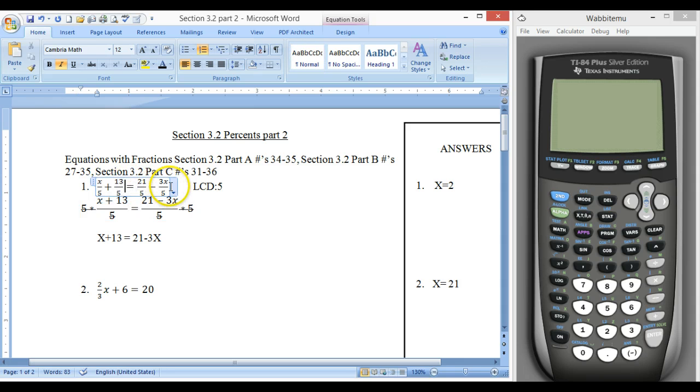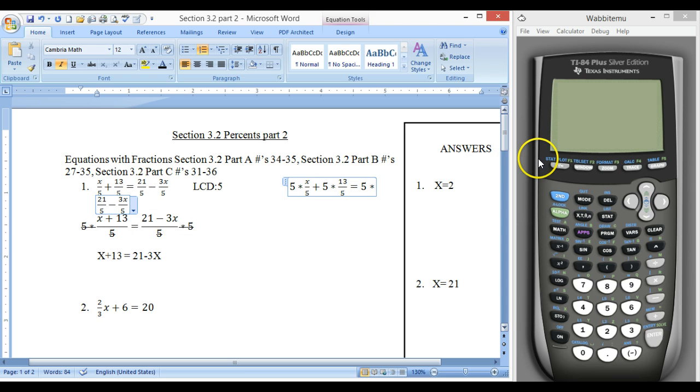In this one, to do the part that's going to move us into the next section, I'm going to come over here just to parallel them. I need to multiply it to every single term. So I need to do 5 times here. I need to do 5 times here. I need to do 5 times here.